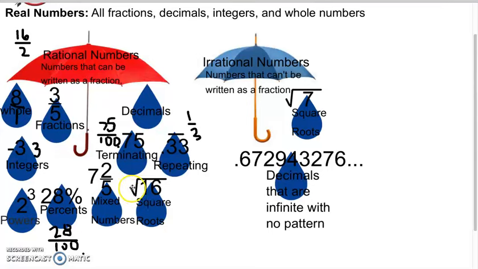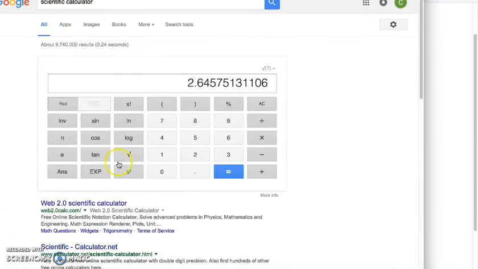And it is in this category of rational number because if I take a calculator, and your calculator has a square root button, and I do square root of 16 and I hit equals. Notice, look what number comes up. 4. Well, 4 is a whole number again.